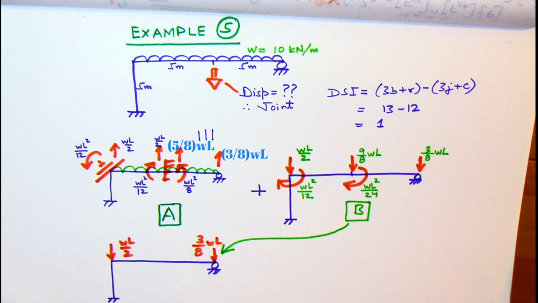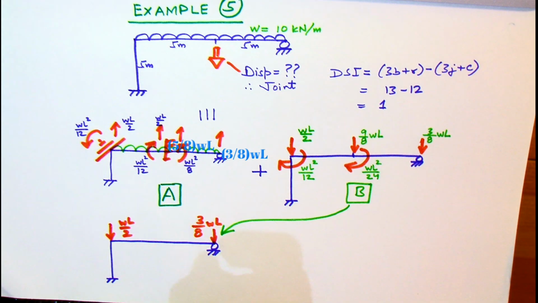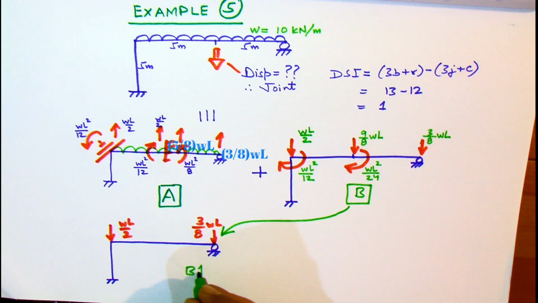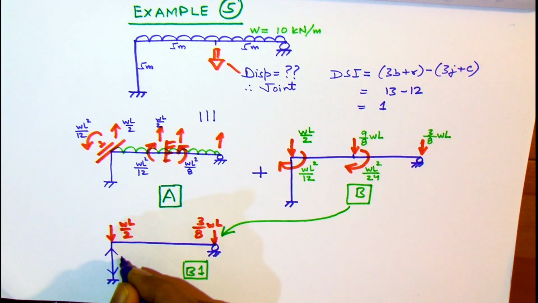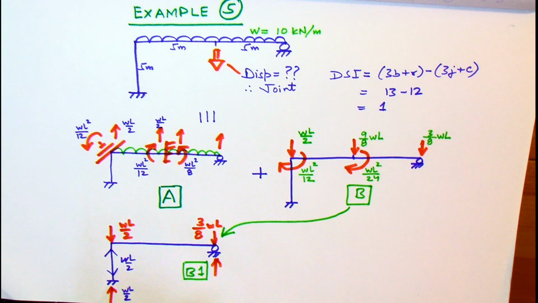This we call B1, because we can obtain the results for these two forces by inspection only: the vertical member will be under a compression force WL by 2, the reaction at the left support will be WL by 2 and the reaction at the right support will be 3 by 8 WL. No other force will be there in any other member.